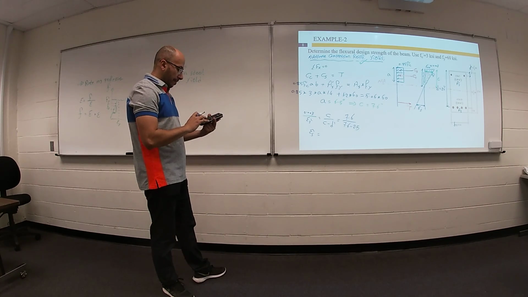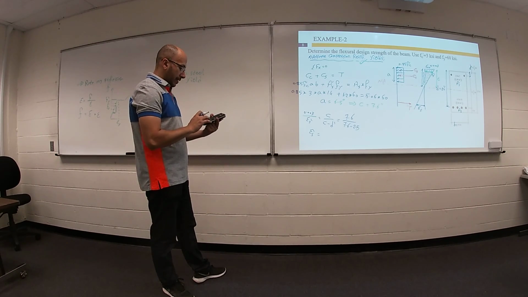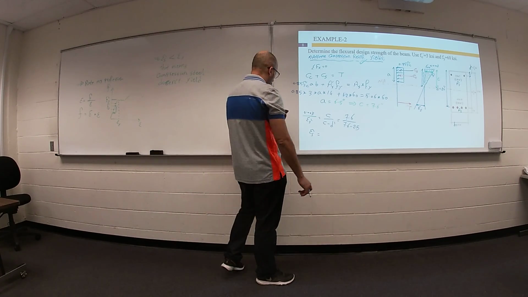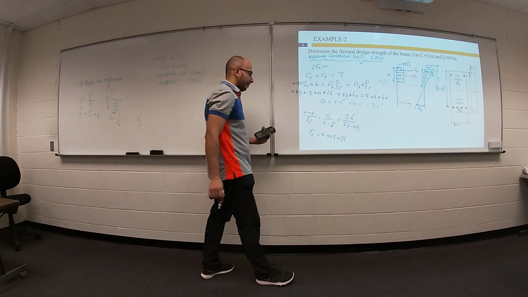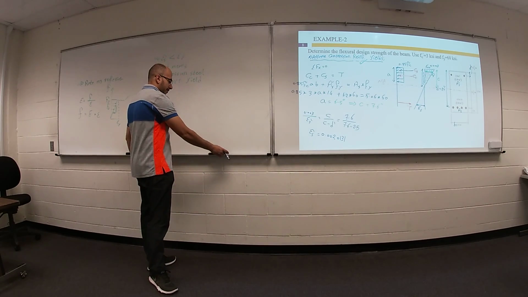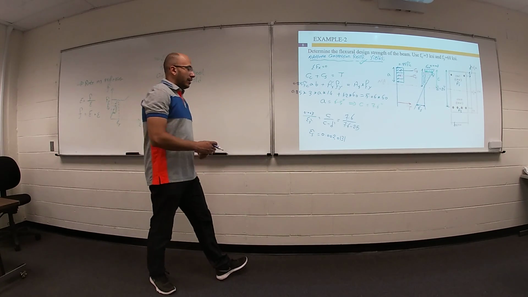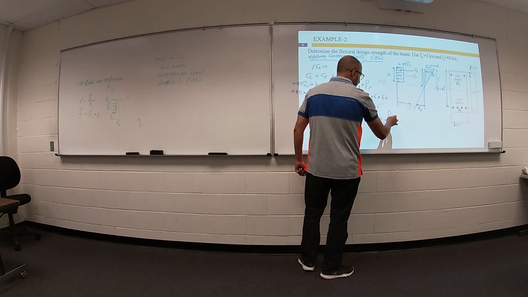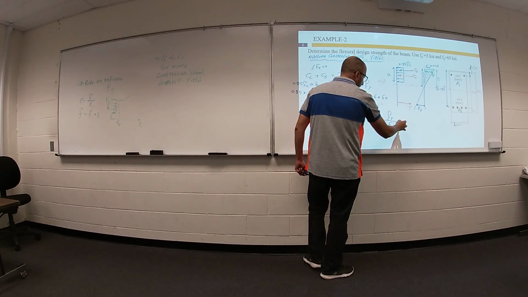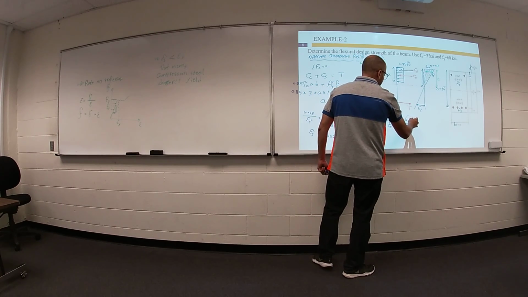Your value is 0.002031. Epsilon yield equals f yield divided by E steel. f yield 60, E 29,000.